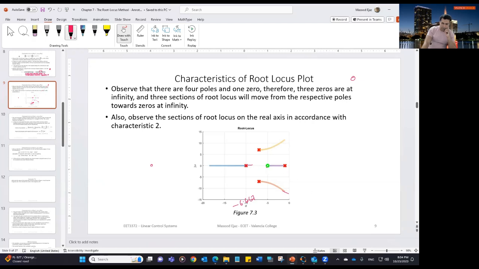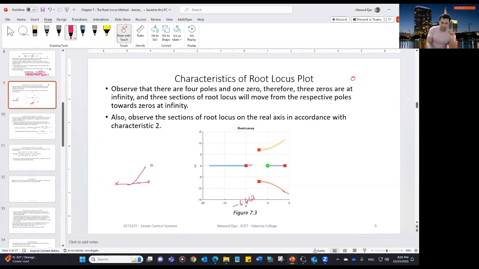If you have a root locus, and most of the time it happens when you have two poles, and then it starts moving towards this zero, and at some point, since the root locus starts at a pole and ends at a zero, they cannot go towards each other. At some point, it breaks away from the real axis.